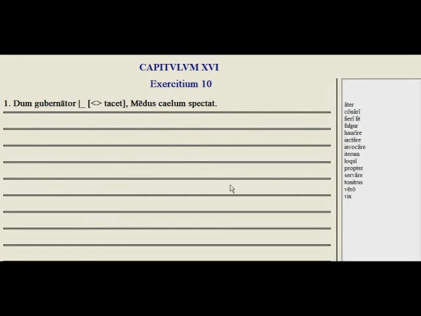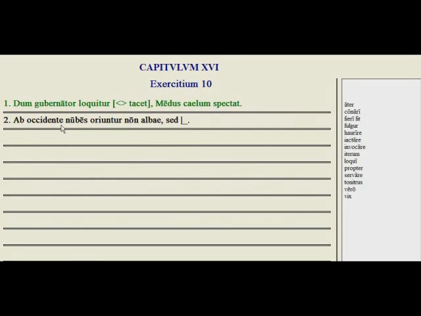We have a vocab exercise. You know the drill for the vocab. While the helmsman, and the word that meant the opposite of tacet, non tacet, we learned the deponent form, loqui, to speak, and now we need the third person singular, so loquitur. While the helmsman speaks, Medus catches sight of the sky, or looks at the sky.